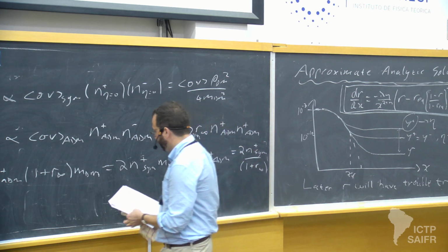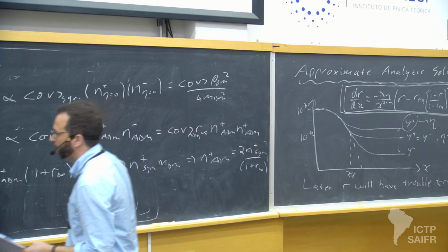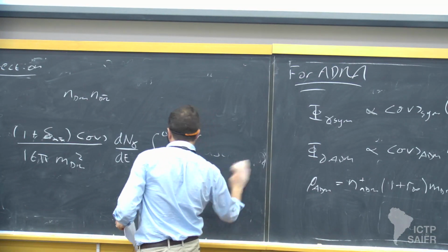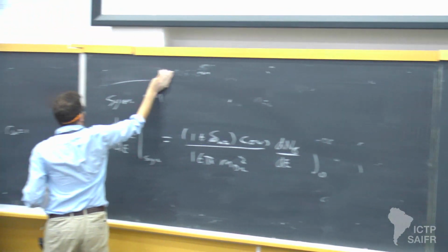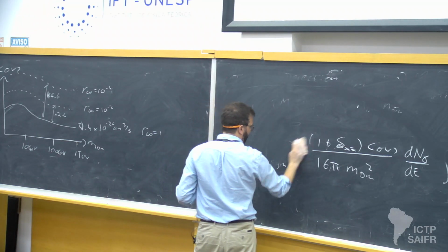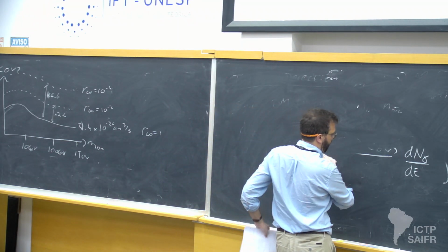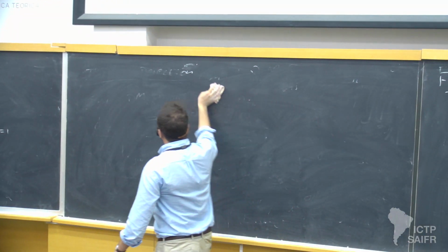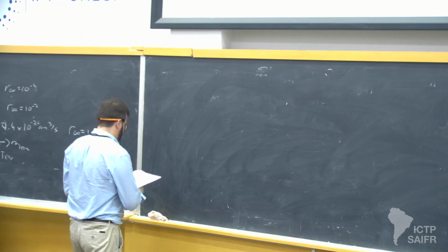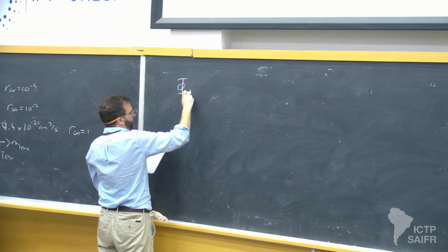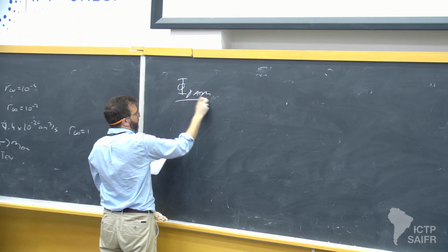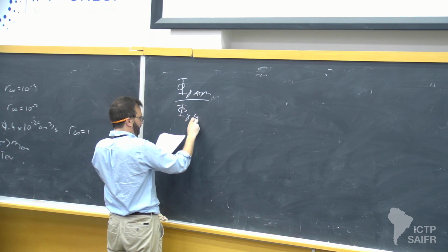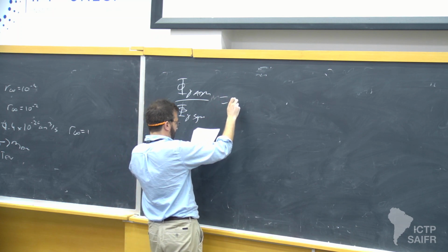So then we have this ratio of the fluxes: your observed flux in asymmetric dark matter models compared to the observed flux if you didn't have an asymmetry, which, as we said, is going to be suppressed.